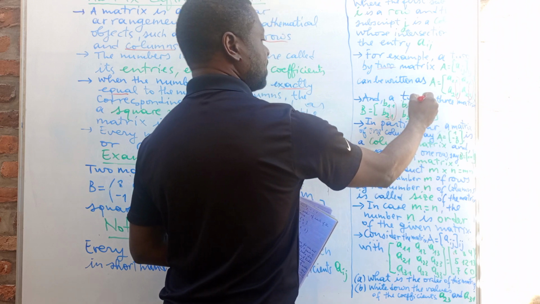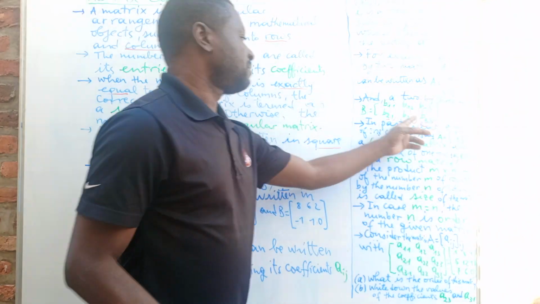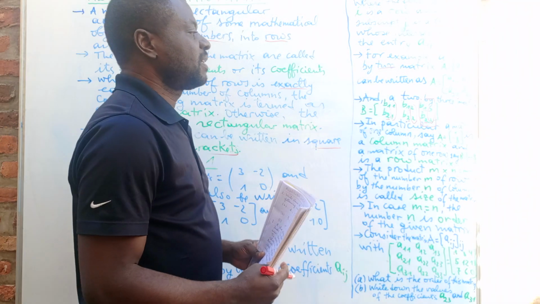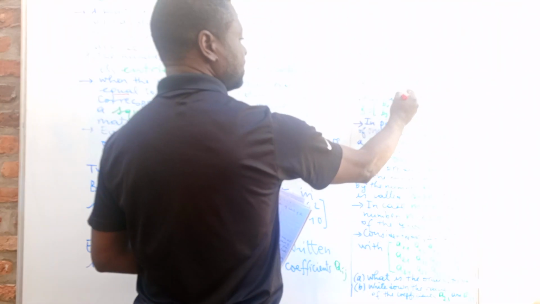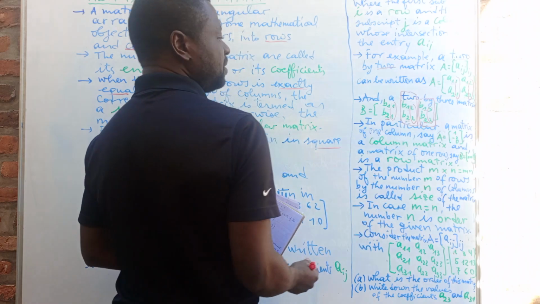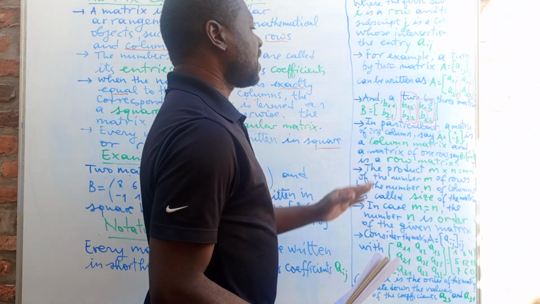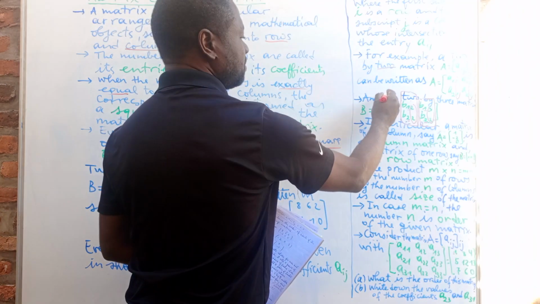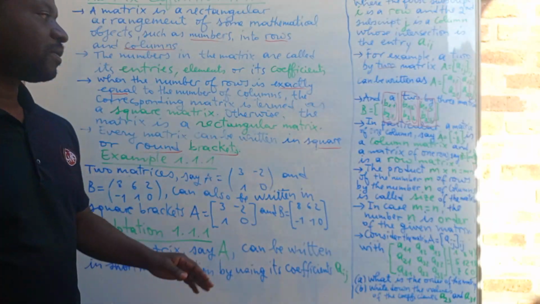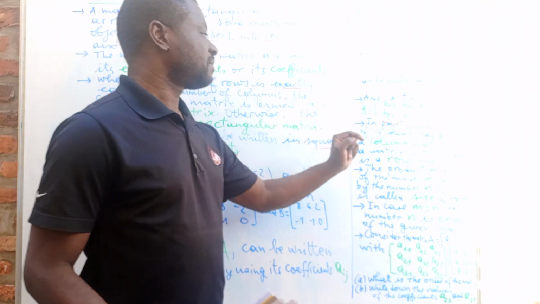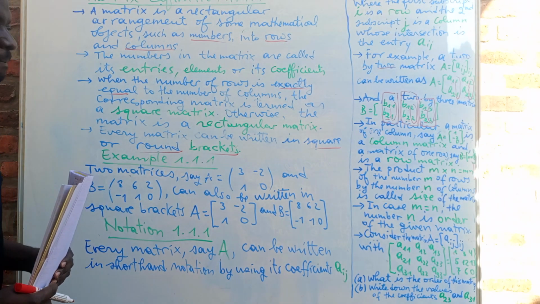Which means that b13, b23 are the third column elements or coefficients, b12, b22 the second column, and b11, b21 the first column. So matrix B is made up of 1, 2, 3 columns.